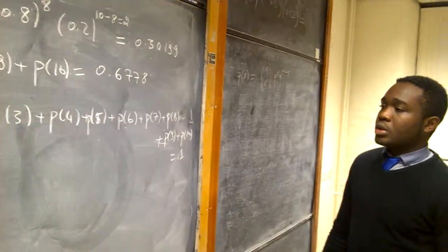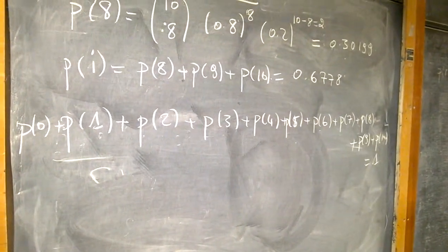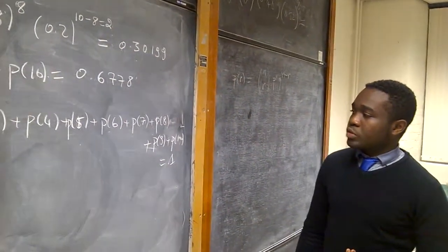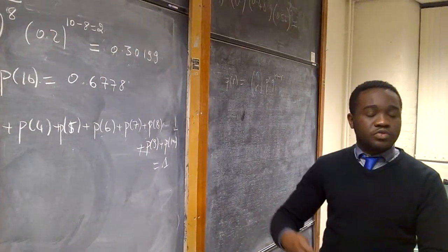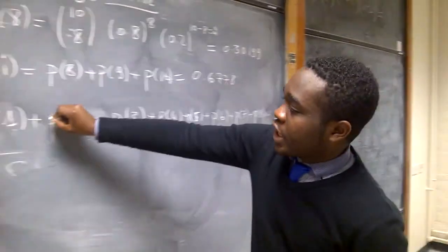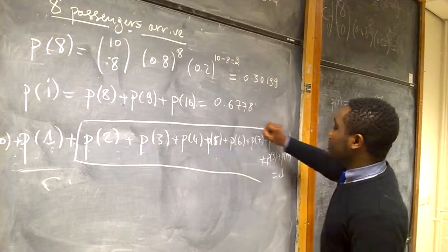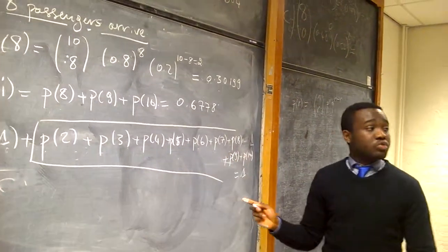So the probability that the plane takes off with at least 2 empty seats means that we've got 2 seats empty, or more than 2 seats empty. This is the range, and we can't calculate all of those because it will be too long.